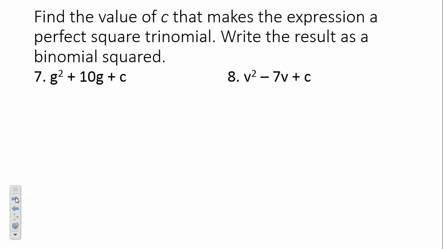So number 7 shouldn't give you too much trouble, if you think about those algebra tiles and how we arranged them to make a perfect square. If we have an x squared block and we have 10 of the green x boxes, how many beige colored boxes are we going to need?